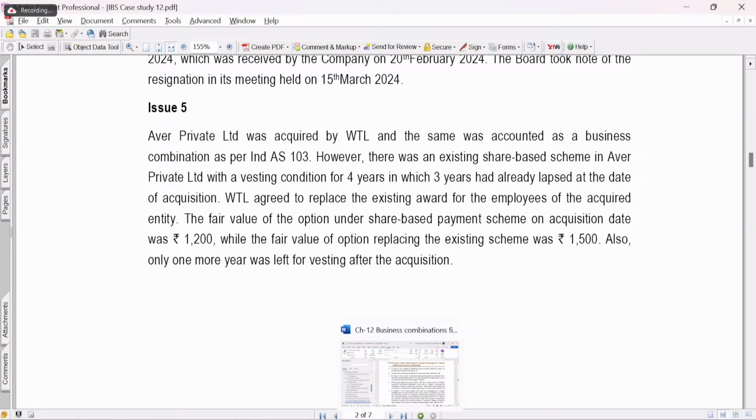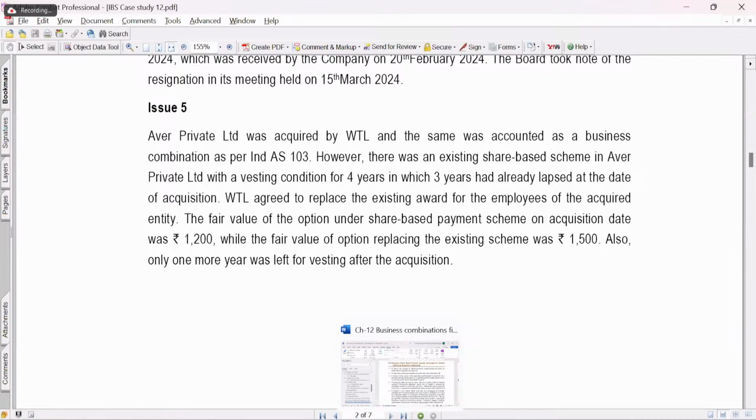WTL agreed to replace the existing award for the employees of the acquired entity. The fair value of the option under share-based payment scheme on acquisition date was rupees 1200, while the fair value of option replacing the existing scheme was rupees 1500. Also, only 1 year was left for vesting after the acquisition. So this is the issue.